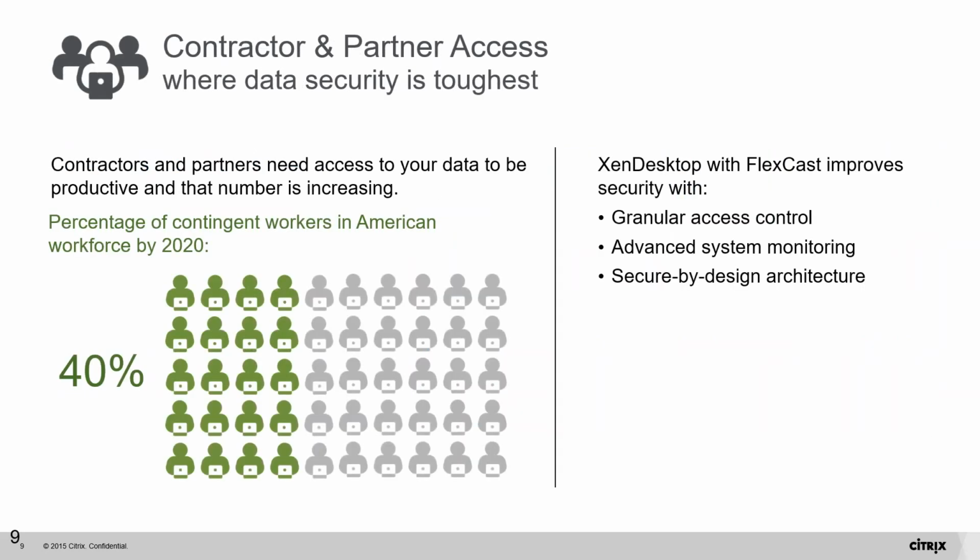Very similar to remote and branch workers is also contractors and partners accessing their environment. Some of the key features within Citrix are our very granular policies. If a user's inside a corporate network, they can have a specific desktop and you might want to block all that access if you have partners or contractors coming in.